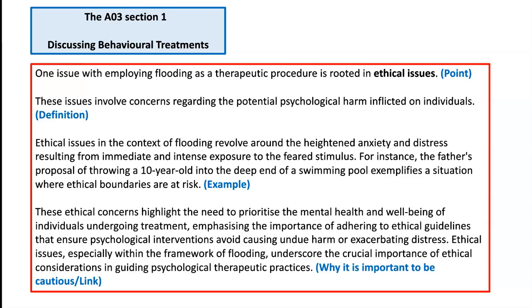Okay, and then finally, this is where the meat of your elaboration is going to go as well. Okay, so you've spoken about why it's ethical or what the issues are. You need to basically speak about what we now need to do next, or why is it even important to be cautious, for example. Okay, so here an example is that we do need to prioritize people's mental health and well-being, especially when they're undergoing treatment, for example, and vice versa, etc.